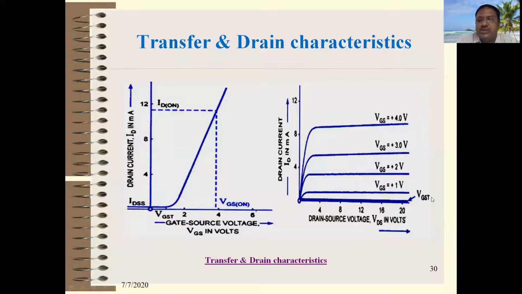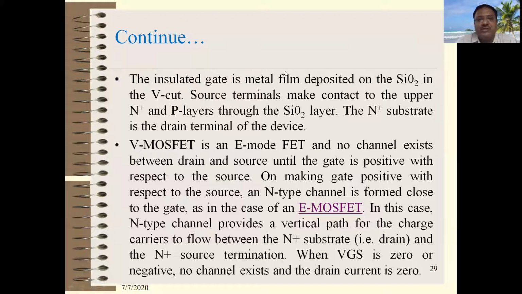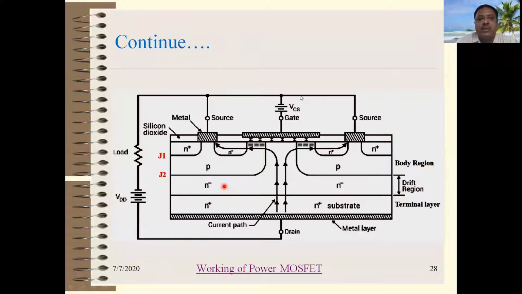If VGS is equal to 0, as per the construction of power MOSFET, in this particular figure, then the free charge carriers which are present in the P region will not be attracted towards the plate, right? So the inversion layer will not form. If the inversion layer is not there, then current cannot flow through drain to source. So with VGS equal to 0, the drain current ID is also equal to 0.